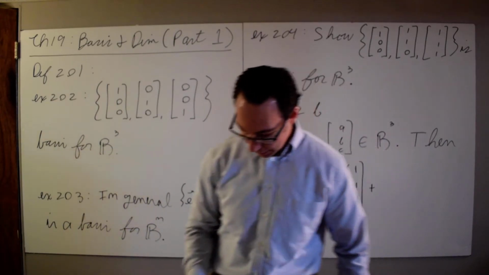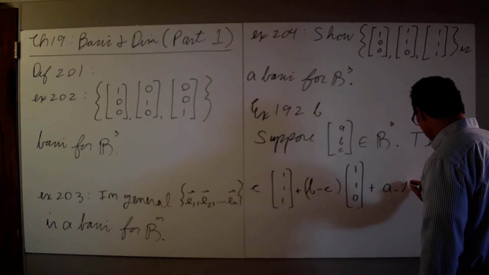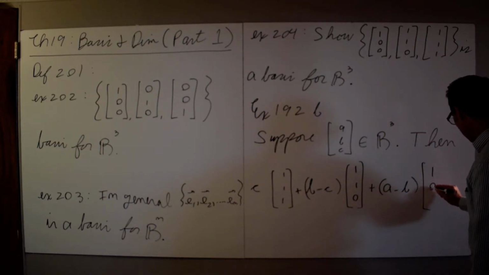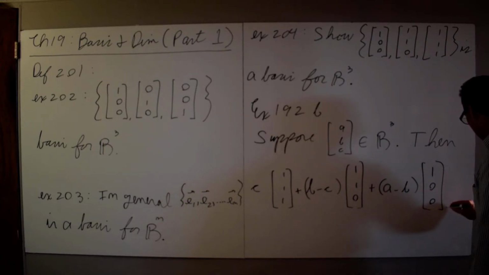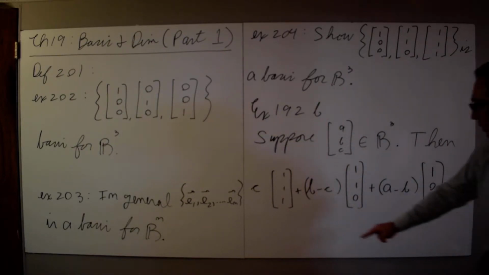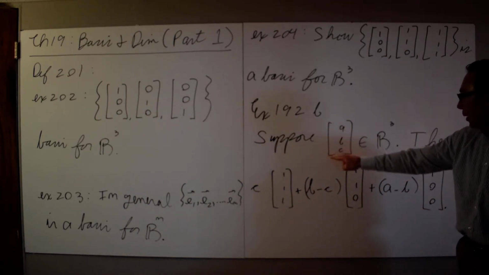And then finally, we have a minus b times the vector 1, 0, 0. And so if we add these three vectors together, we get the vector a, b, c.